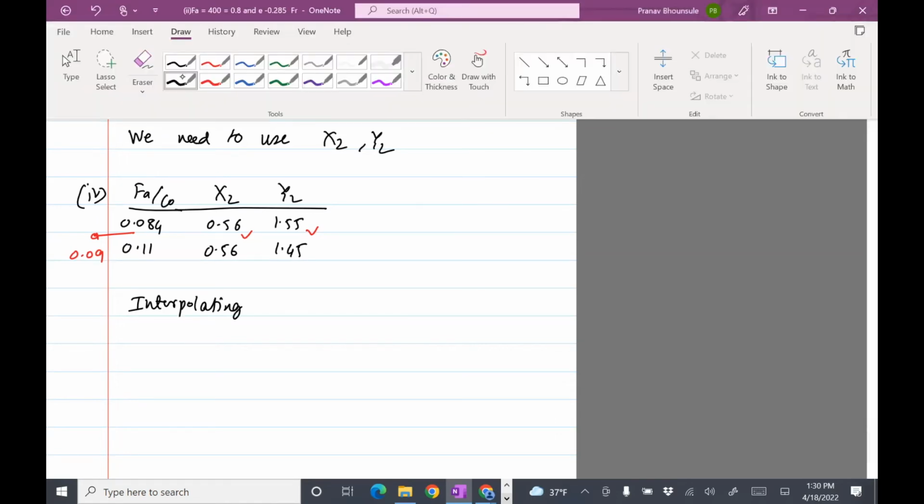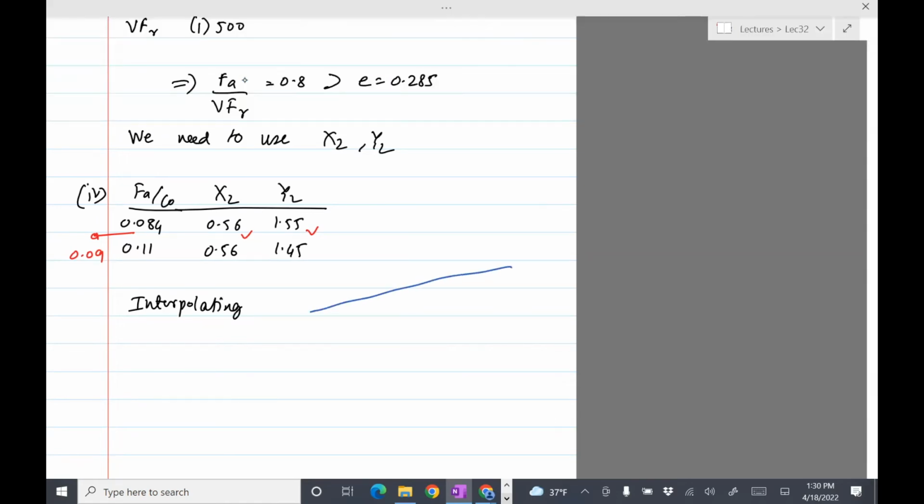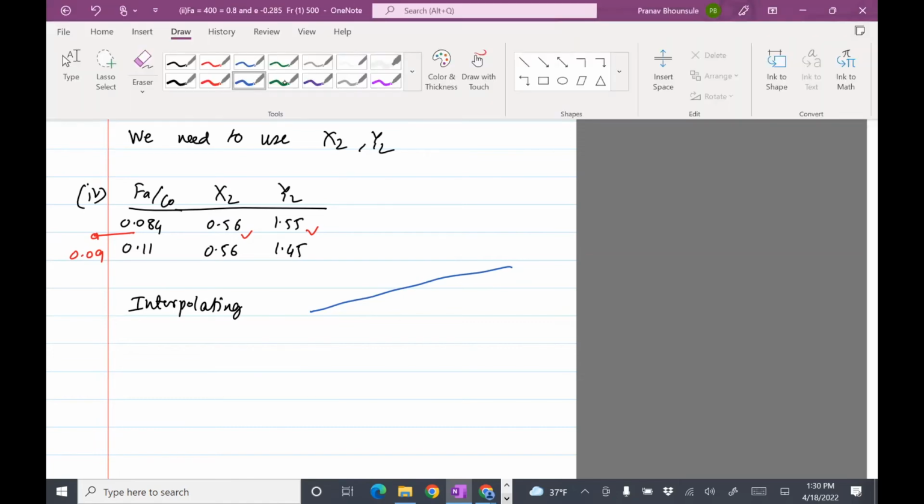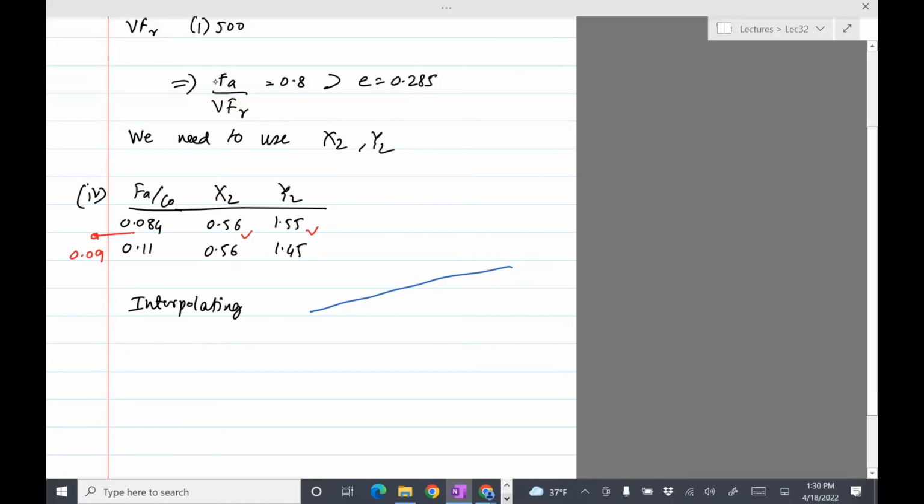So this time maybe I'll just draw that line, makes it quite easy to write the equation. So this is our straight line, which we'll be using for interpolation. This point, let's say, is 0.084, and then 1.55. So I wrote this in this coordinate. Then this point is going to be 0.11, 1.45. Okay, that's the second point.